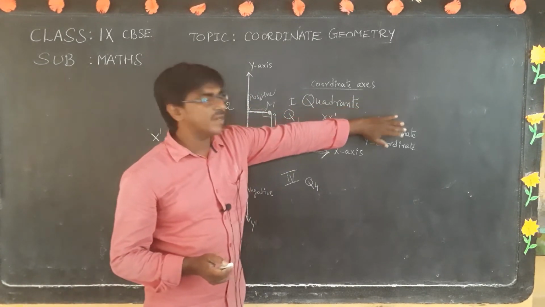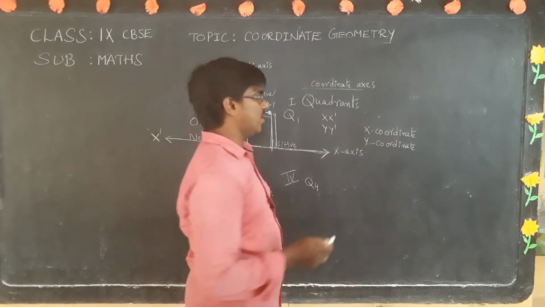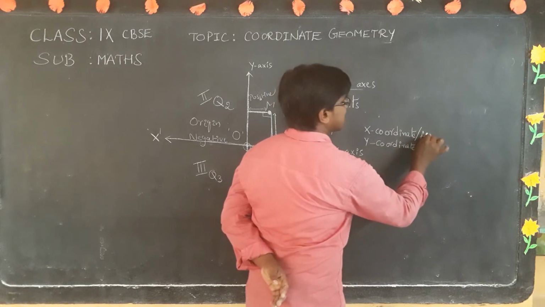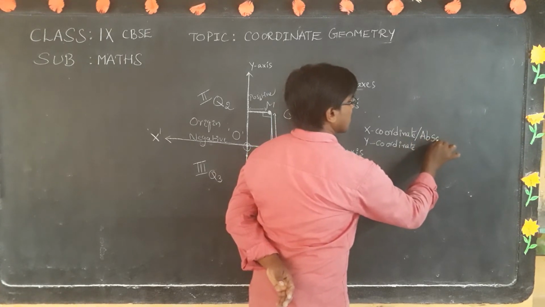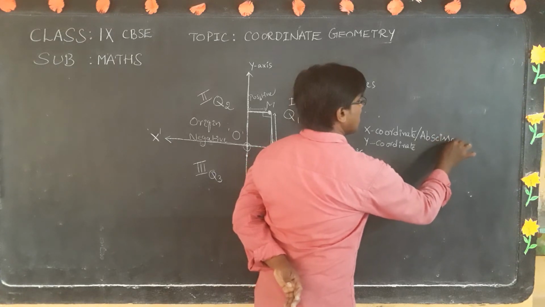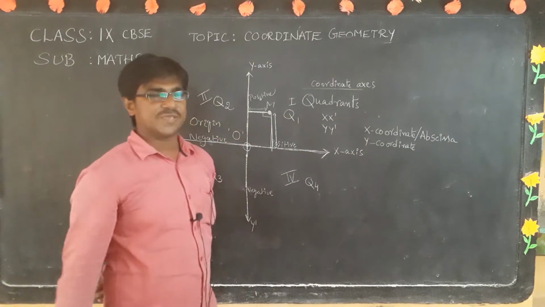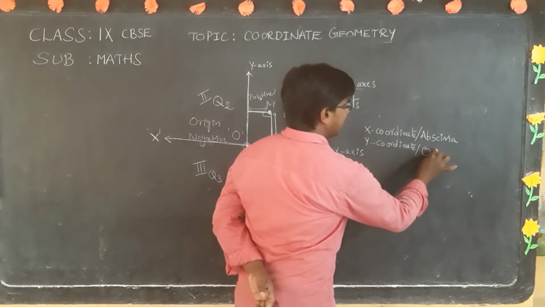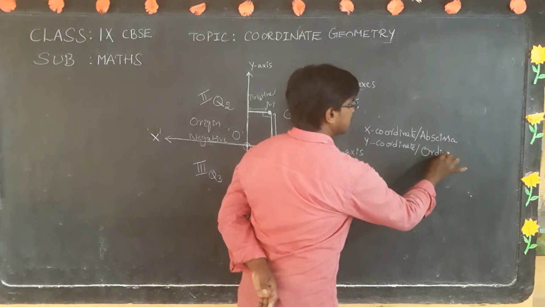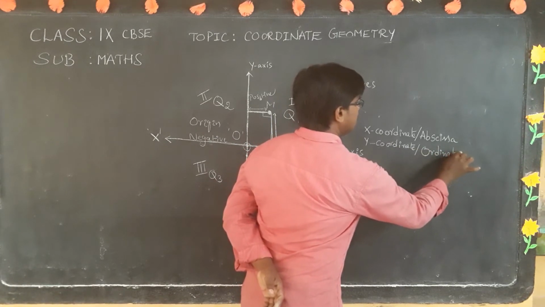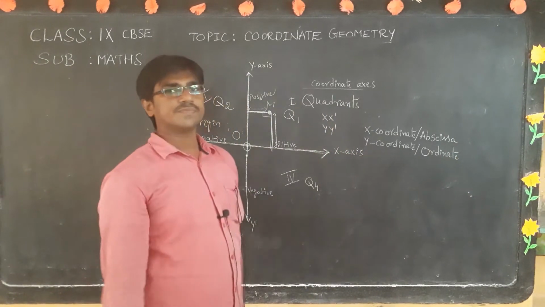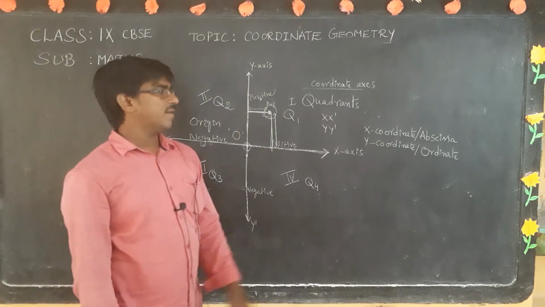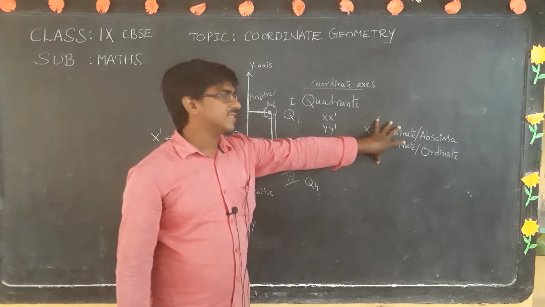The x coordinate is also called the abscissa, and the y coordinate is also called the ordinate.